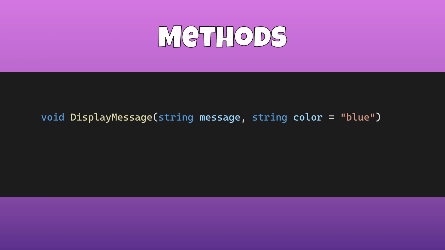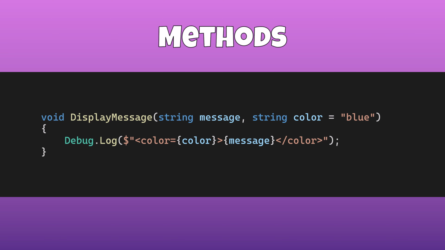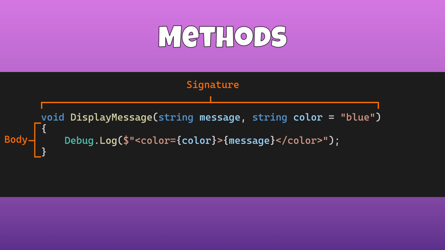Optional parameters are placed at the end of the list. Finally, curly braces are used to enclose the instructions to be performed by the method. The return type, name, and parameters together form what is known as the method signature. The curly braces and the instructions they contain form the body of the method.